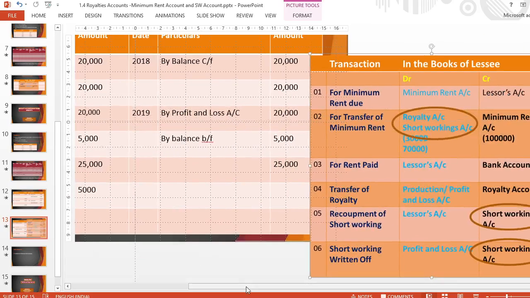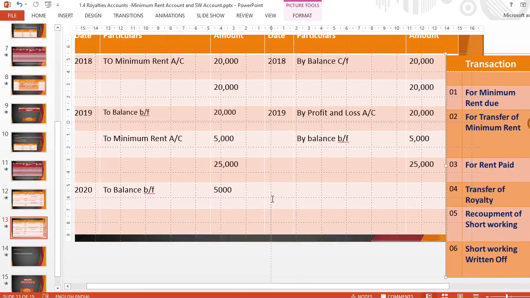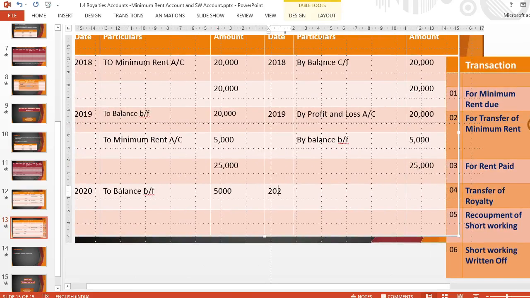So I'll record again in 2020 by profit and loss account. We are going to write off the entire 5,000. So I'll close the books in the year 2020. Debit side total 20,000 and credit side total 20,000.